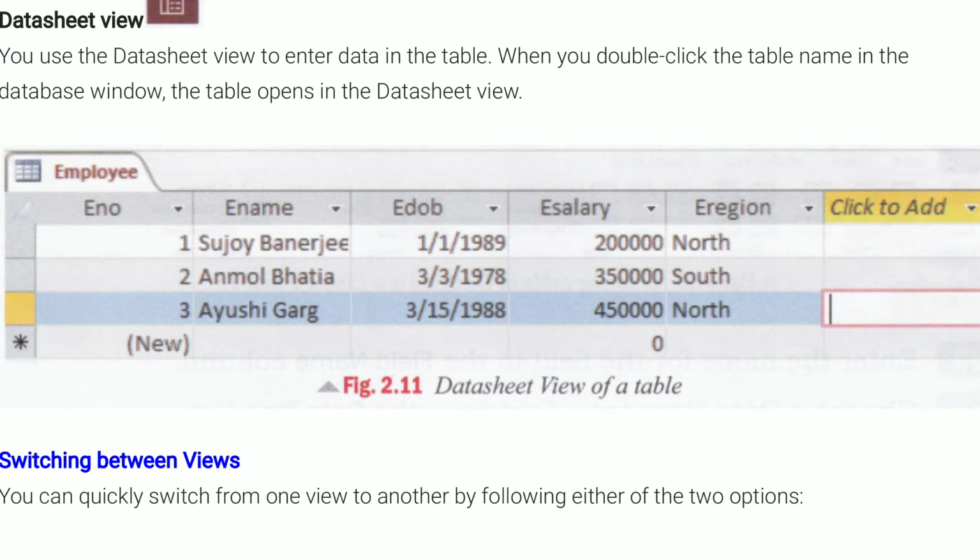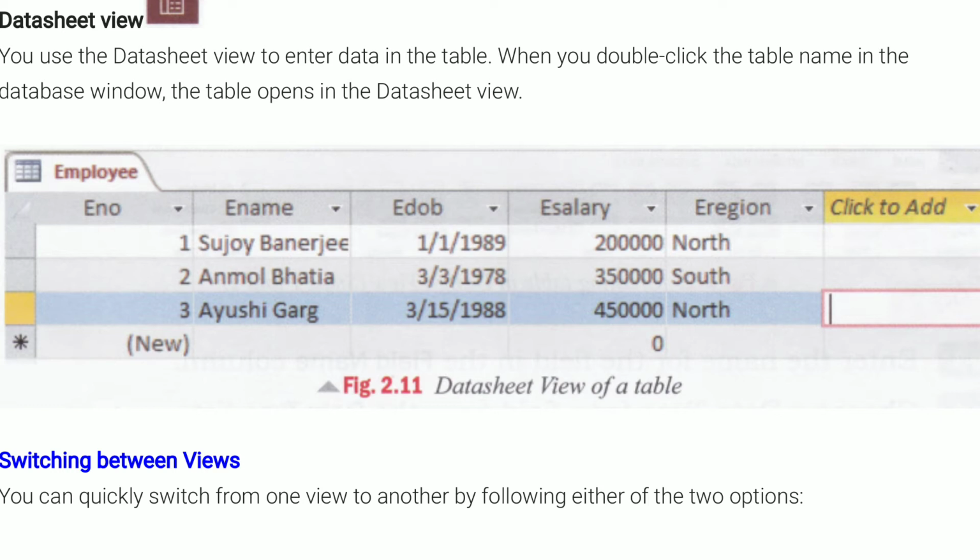At the time of creating a table, we have to do all this in design view. But using datasheet view, it is easy to create a table. It is easy to create a database in Microsoft Access. It just opens like a spreadsheet that I explained to you right now.